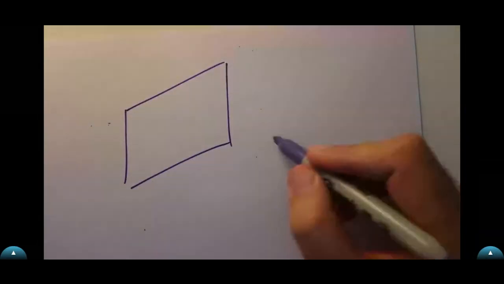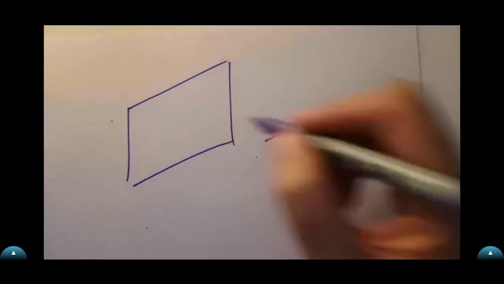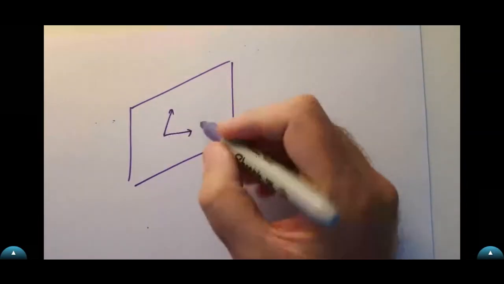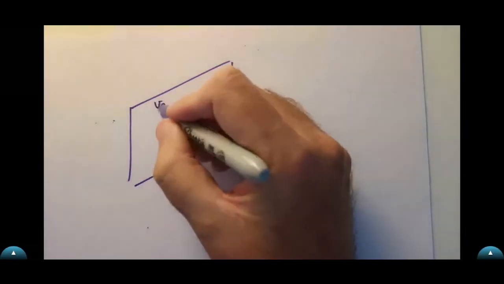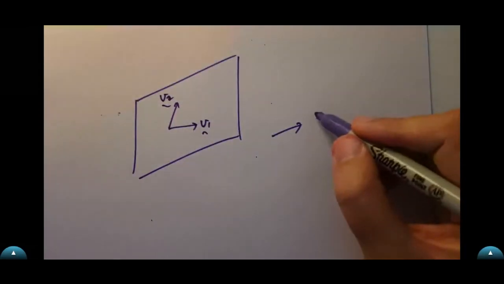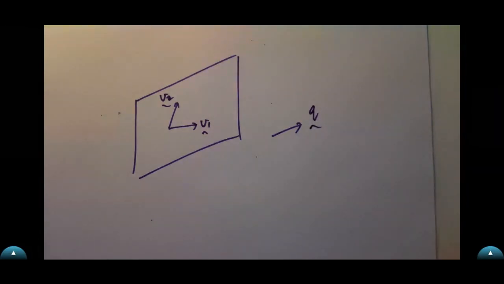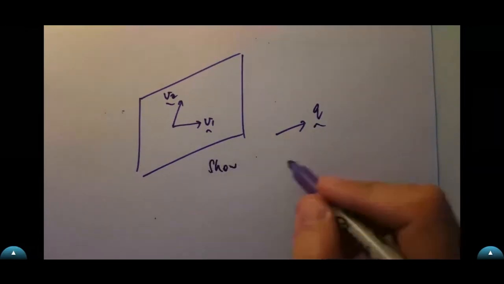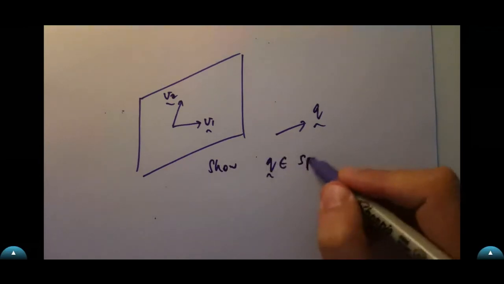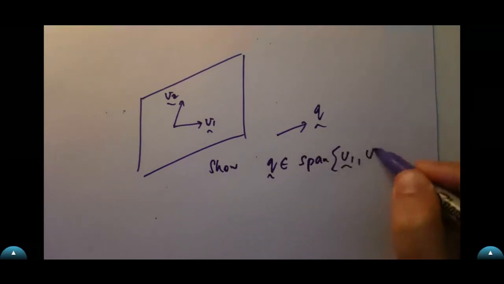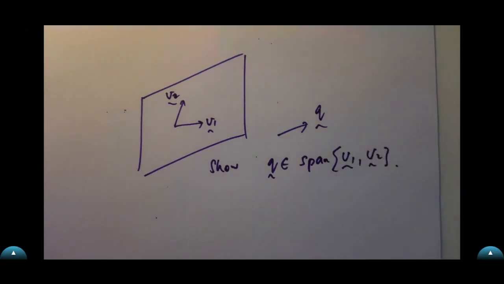Because that would be helpful, because all you really need to do, if you've got a plane and you've got a vector, and you want to show that it's parallel to the plane, is this: let's say V1 and V2 are your two vectors that span your plane, and this is, I don't know, the vector Q or something. Show that Q is in the span of V1 and V2. That's it. That's sort of the high level stuff.